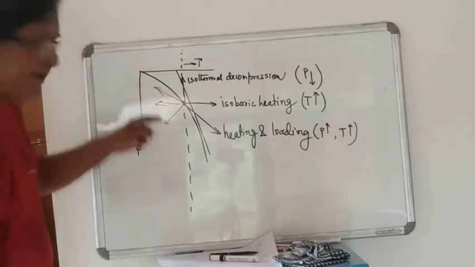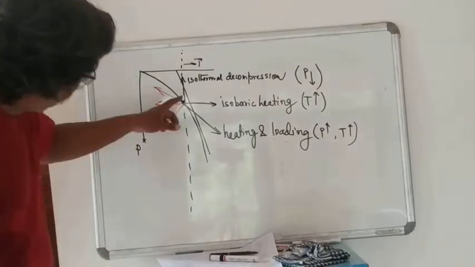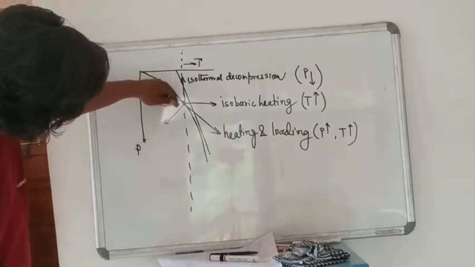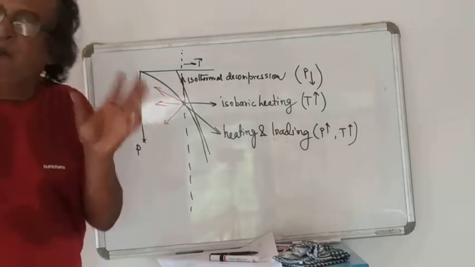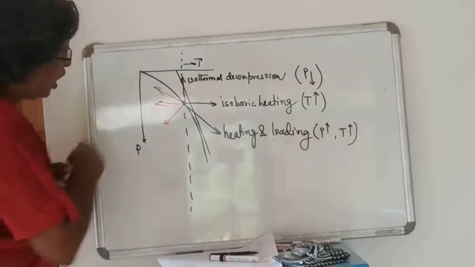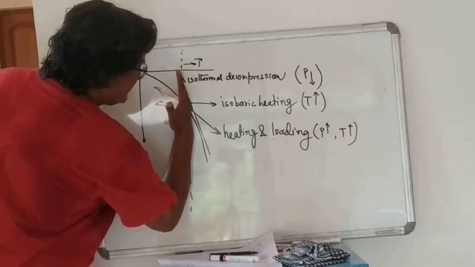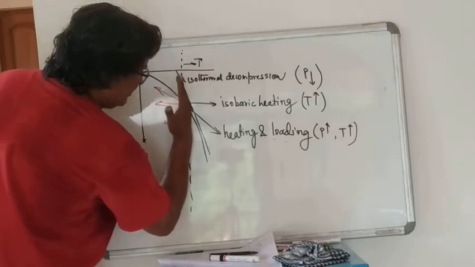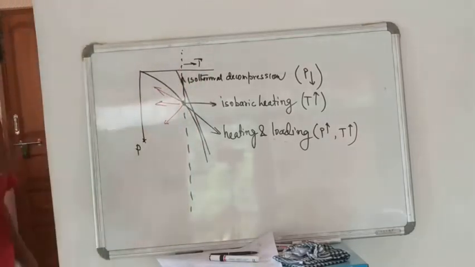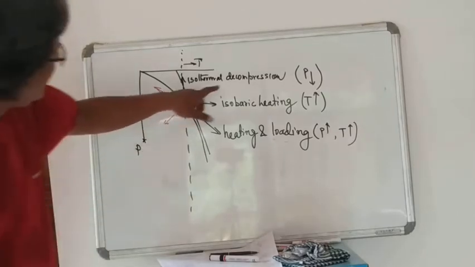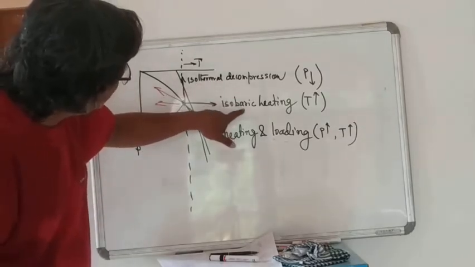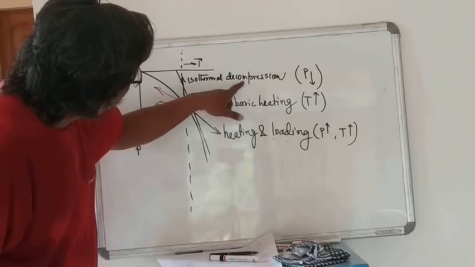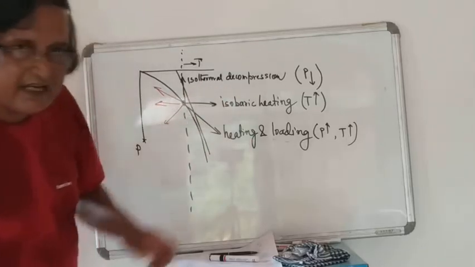If you go for cooling, you will not have melting. If you go for loading and cooling, you will not have decompression. So all processes that happen to the high temperature side of this line are possible. So essentially, I have shown you isothermal decompression and isobaric heating.